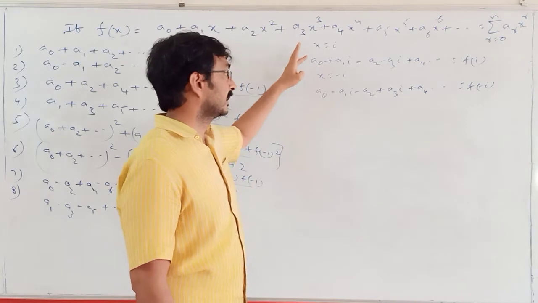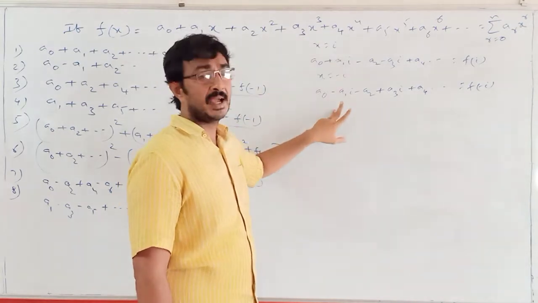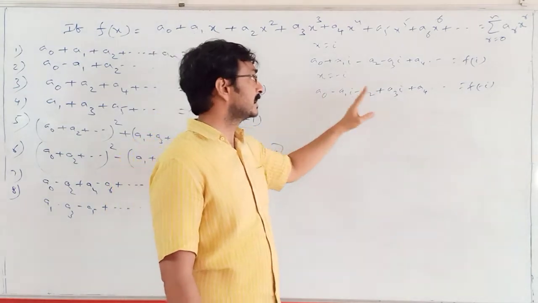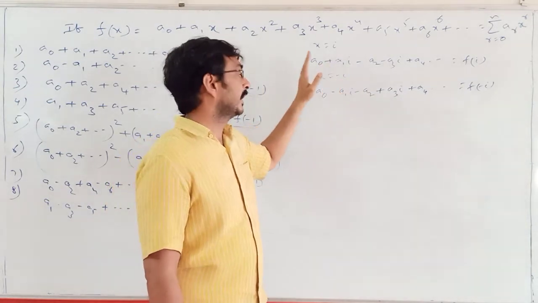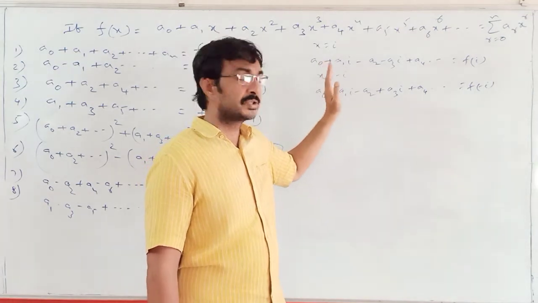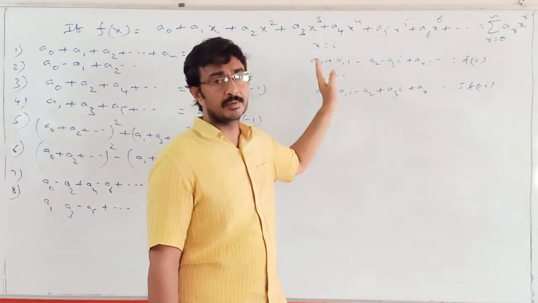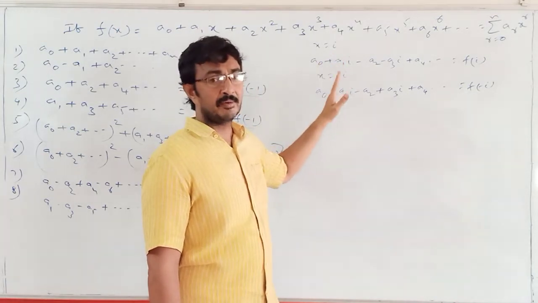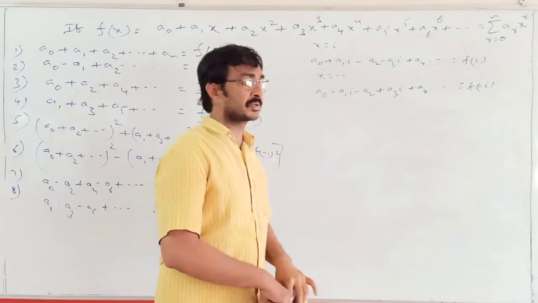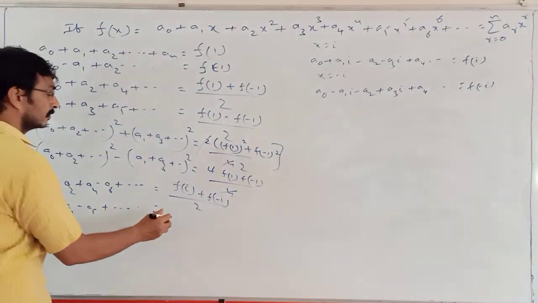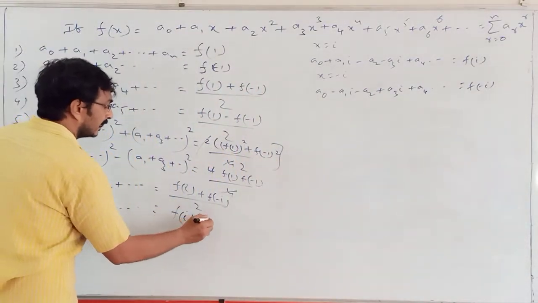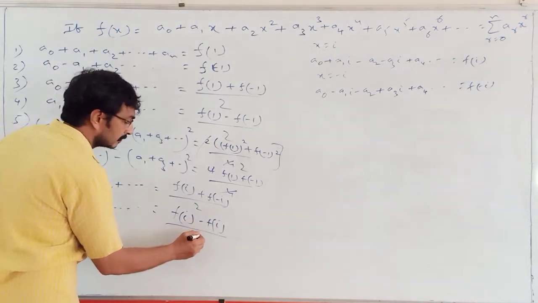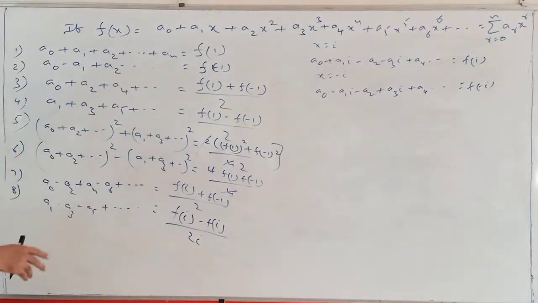Similarly, by subtracting, a0 cancels, 2a1 i, a2 cancels, minus 2a3 i, thus this equals 2i times (a1 minus a3 plus a5 and so on). Therefore this equals (f of i minus f of minus i) by 2i, because we are taking 2i common.